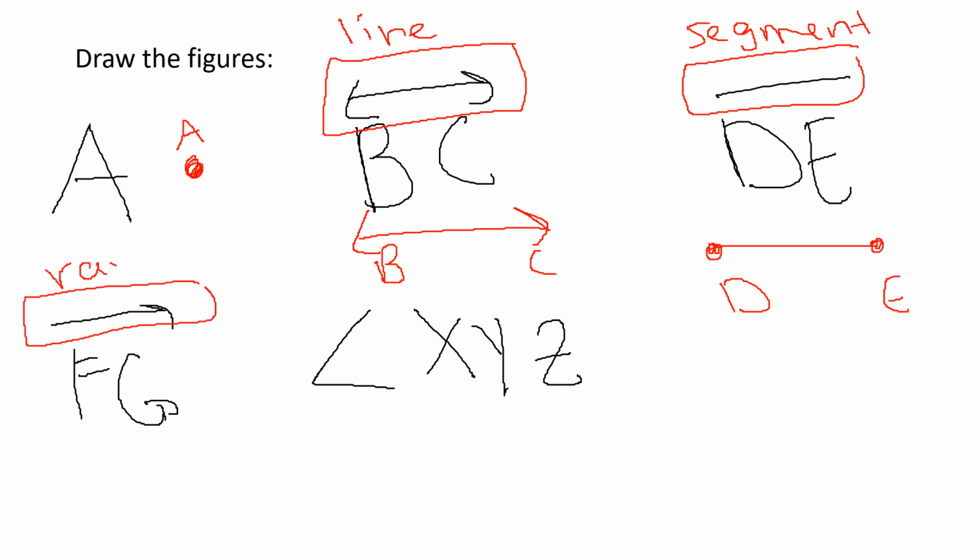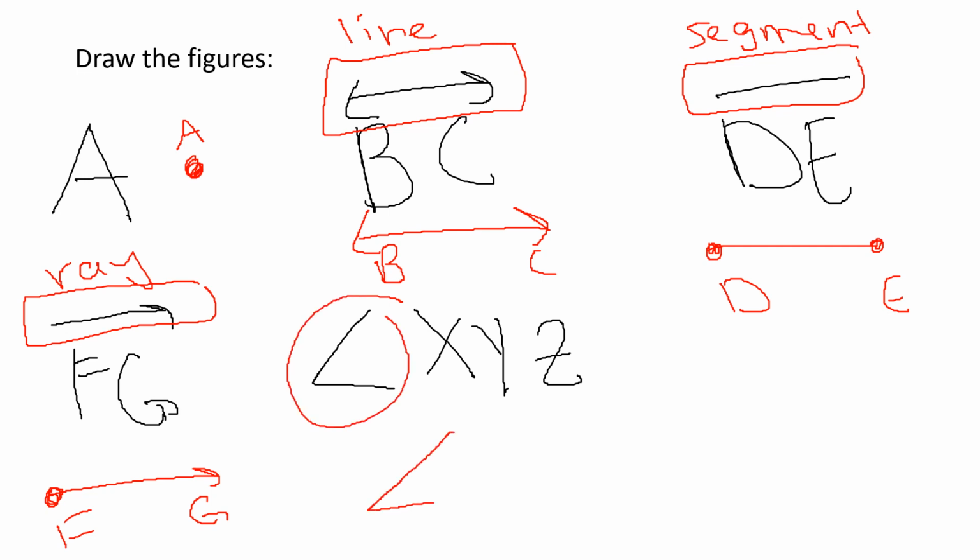This is how you denote a ray. A ray has a starting point and a stopping point, and the name of this is FG, and this tells me that it is an angle, and the name of this angle is X, Y, and this is how I write my Z, so I don't like to choose Z. Remember that it goes out, in, out.